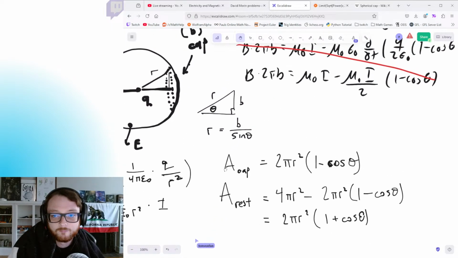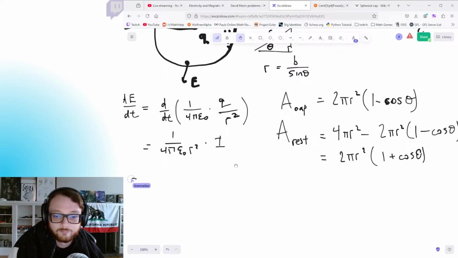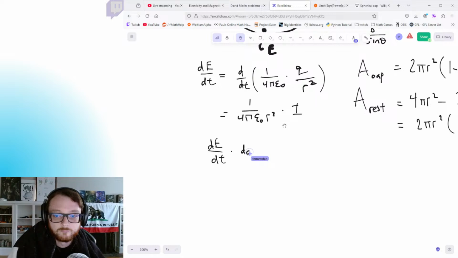So what I want to say is d dt dot dA is I over 4 pi r squared. Is this good? Am I using the same r for the same thing? I think I am.